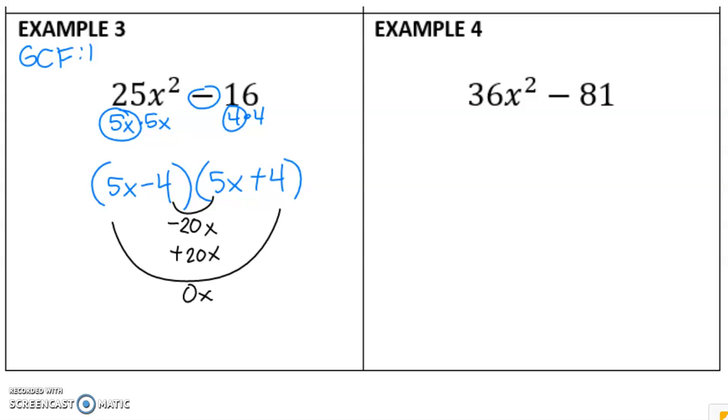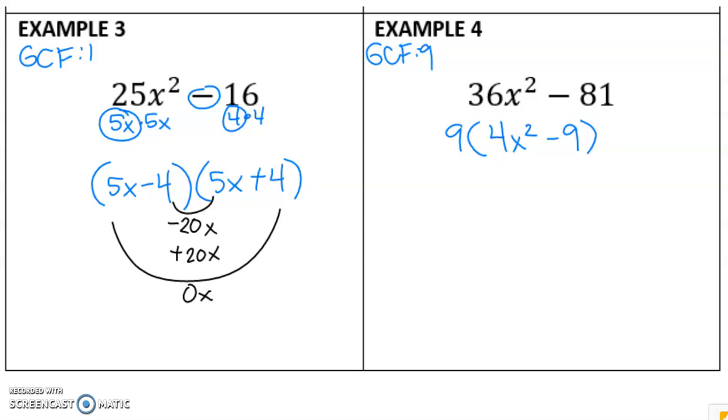All right, last one. First thing, GCF, so 36x squared minus 81. Both of those can be divided by 9. So I need to pull that first. I'm left with 4x squared minus 9. Look how tricky, because 36x squared is a perfect square and 81 is a perfect square, but I want to pull out the common factor still first to be in fully factored form.